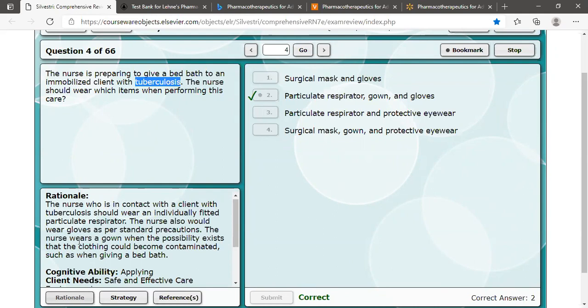The nurse wears a gown when the possibility exists that clothing could become contaminated. So we choose the particulate respirator, gown and gloves.